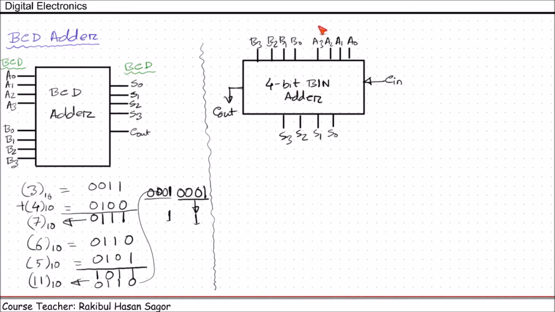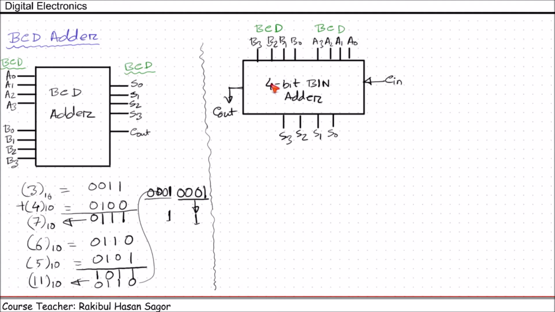Here we can control the inputs. Inputs will be BCD. A0, A1, A2, A3 inputs will be BCD. Also B0, B1, B2, B3. These inputs will also be BCD. These are from the user sides. So whenever we are saying that the inputs are BCD, that means A0, A1, A2, A3 can have a maximum value of 1001, and B0, B1, B2, B3 that can have maximum value of 1001, that means 9.